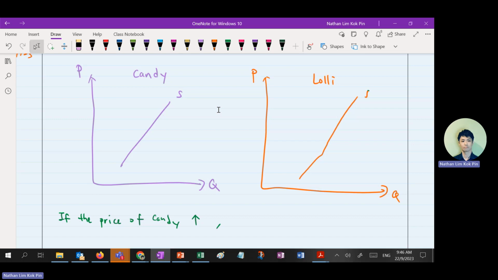The quantity supplied, not supply. Quantity supplied will increase. Make sense? So you have to draw like that. When the price of candy increases, P0 increases to P1, leading to an expansion, Q0 increases to Q1. This one, quantity supplied, increases.